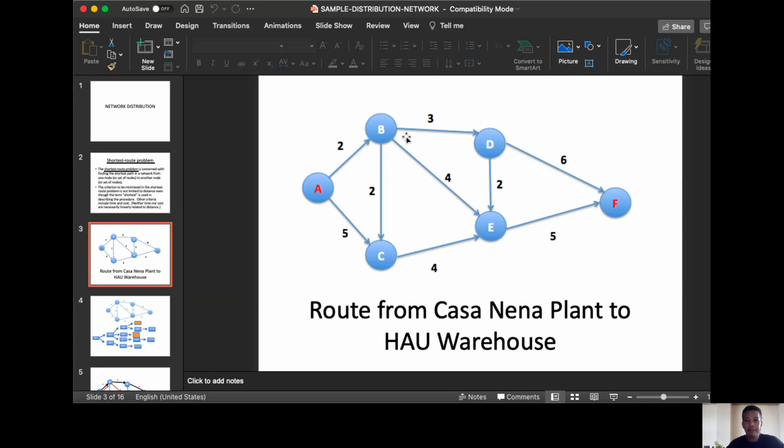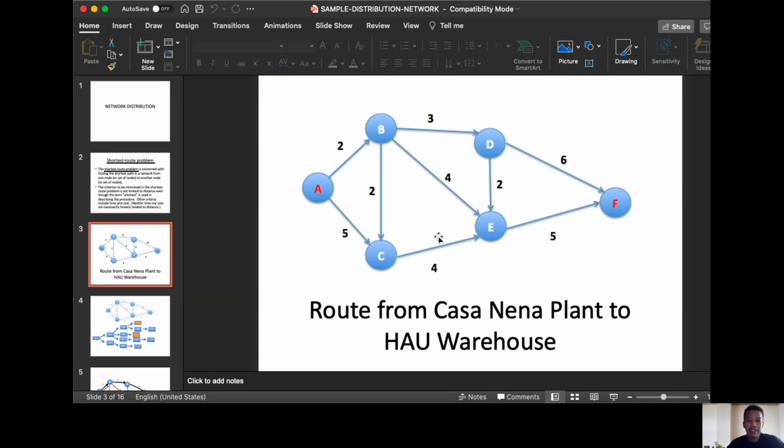So those are nodes. While these arrows with numbers represent the distance or the time that you will be spending to get from one node to another node. So again, our goal is to find the shortest route or the shortest time possible. That is the simplest form of the shortest route problem.